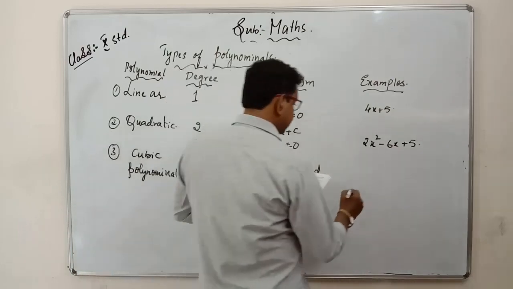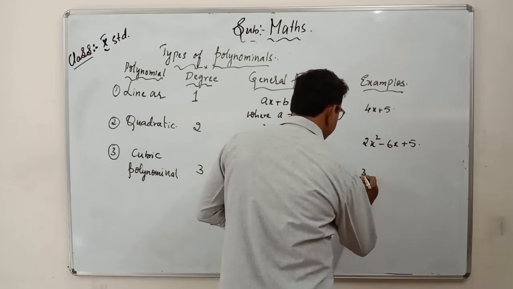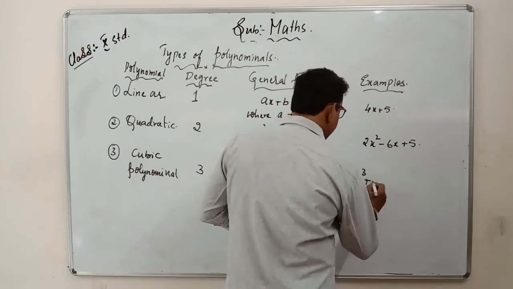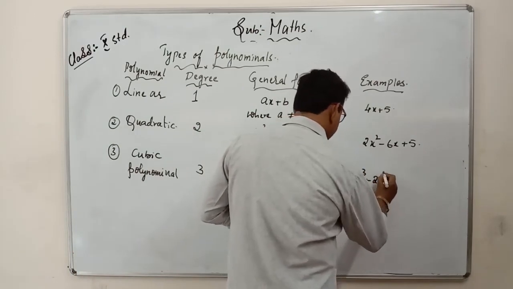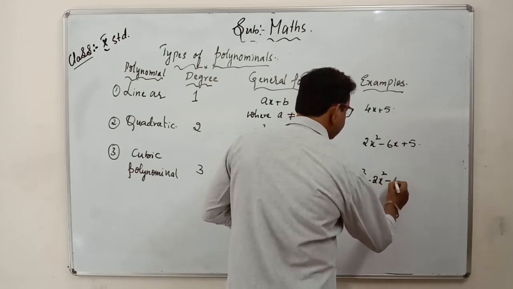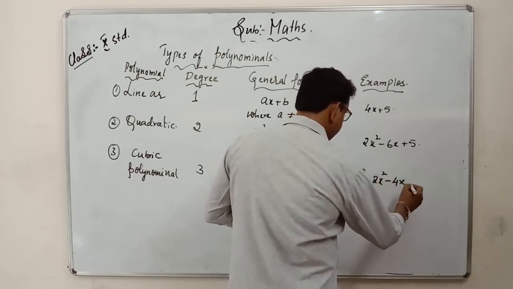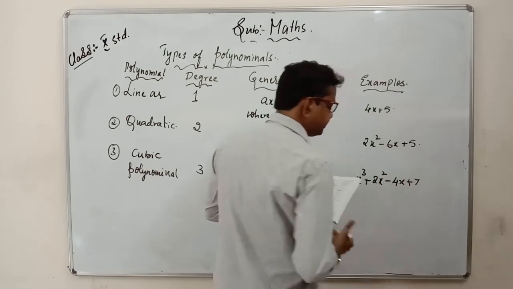And you can give any examples here: x cube plus 2x square minus 4x plus 7.